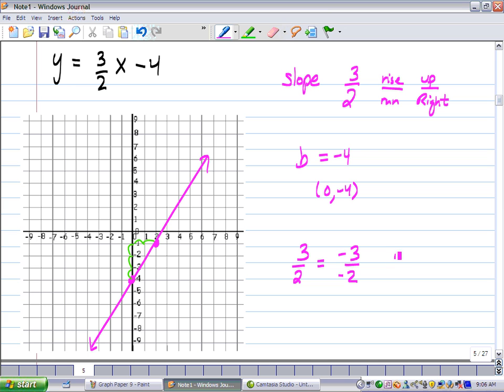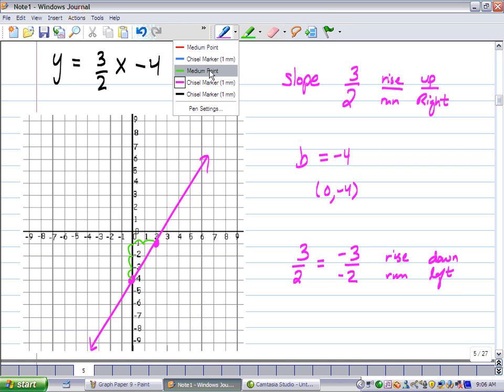So that would mean I should be able to rise down and run left. Well, let's notice if we do that from this starting point of -4, if I go down 3 and left 2, look, I end up on the line. So it works. I can go in either direction and just keep on going up and down over. The slope is always the same on the same line.